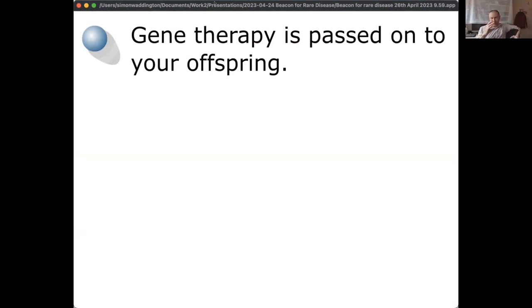There is a worldwide moratorium on germline gene therapy. And if you remember, there was the Chinese scientist that did a genetic therapy for those twins to make them resistant to HIV. And there was a huge furor over this because there is an international ban on this. So gene therapy is designed only to treat your body cells, but not to be transmitted to your offspring.